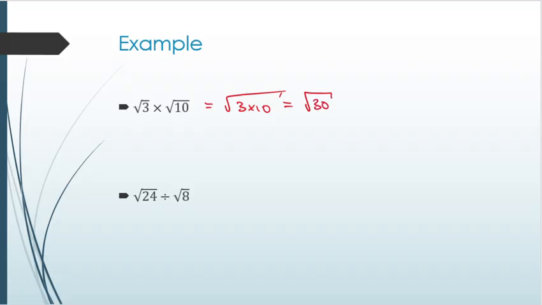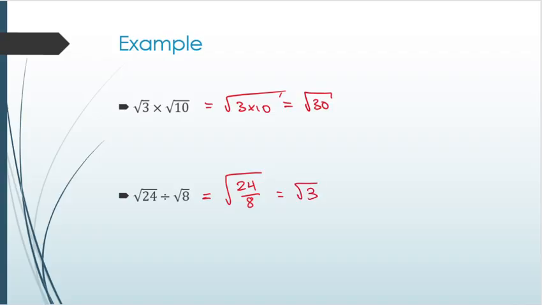So you just write square root of 30 and you're done. Same case here, square root of 24 divided by square root of 8. I'm just going to put them all into one fraction, 24 over 8, inside the square root. After that, you just do your typical number stuff.